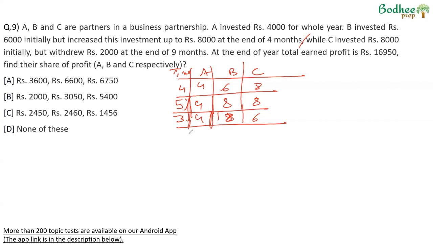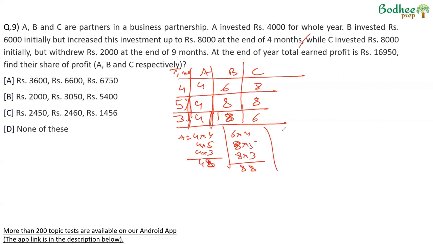Therefore, we can say for A, investment in time will be 4 into 4 plus 4 into 5 plus 4 into 3, which will be nothing but 4 into 12, which is 48. For B, it will be 6 into 4, 8 into 5, 8 into 3. So 24, 40, 24, 88.